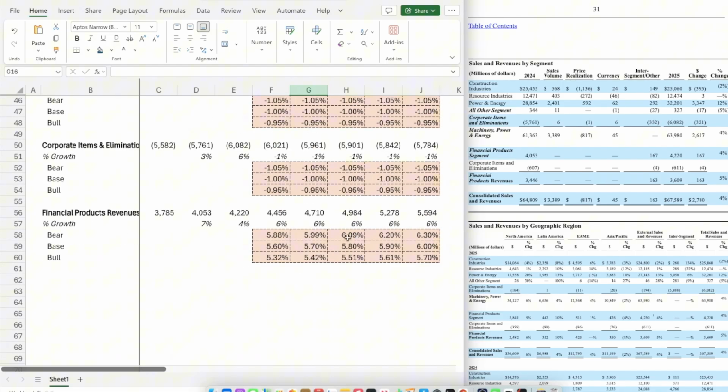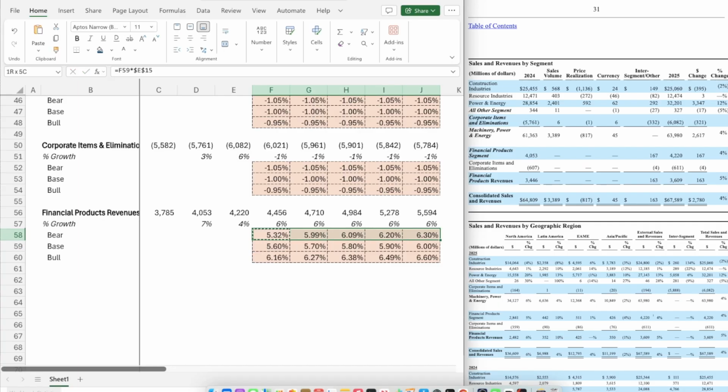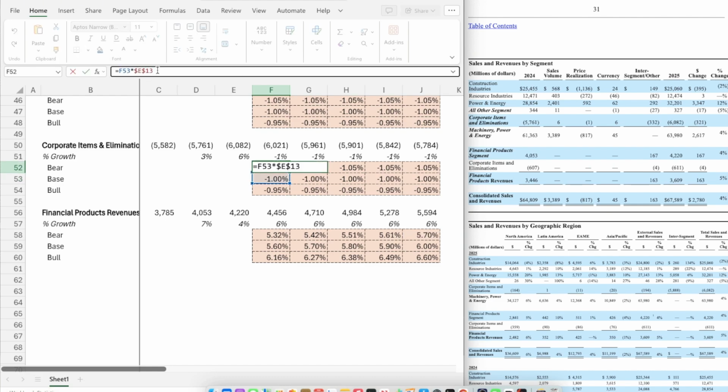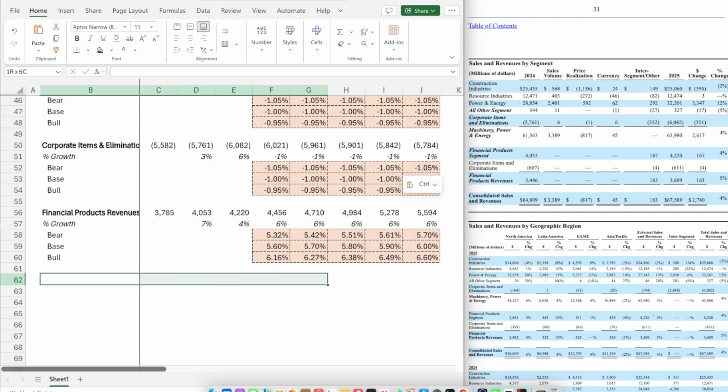It is one of the ones that is growing. Yep, that's good. Okay, so this is all of the revenue segments built out.